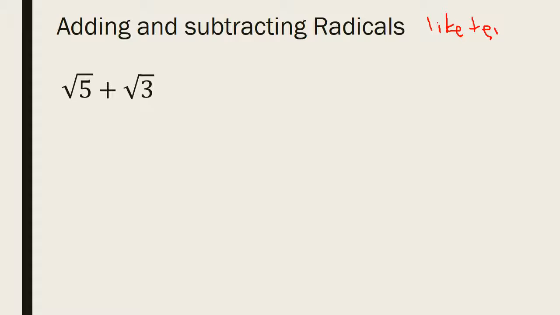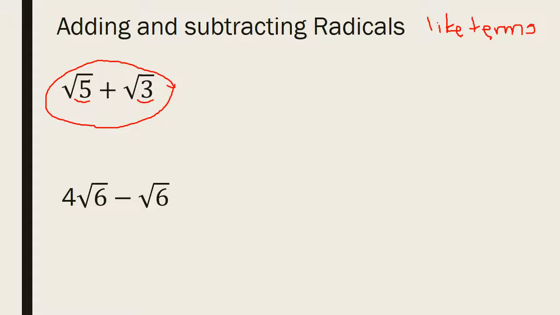But in this case, we're not looking for like terms, we're looking for like radicands. So when we have radical 5 and radical 3, that means that we have two different radicands. That means we cannot add these together, and this will be in the simplest form.